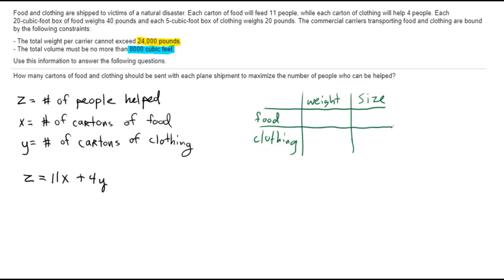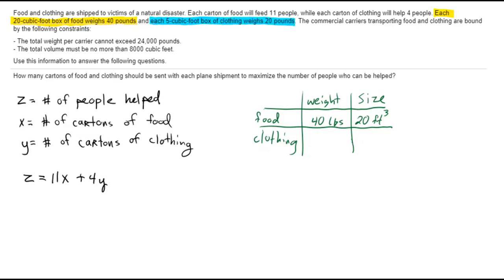Then we need to read the sentences here. Each 20 cubic foot of food weighs 40 pounds. So when we're dealing with food, it's 20 cubic feet that weighs 40 pounds. The next one says each 5 cubic foot of clothing weighs 20 pounds.